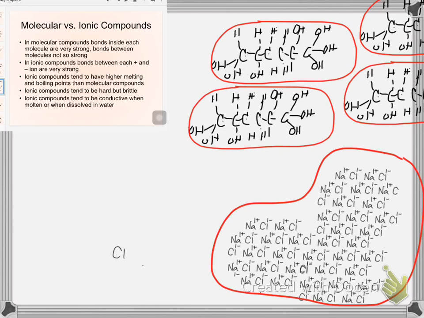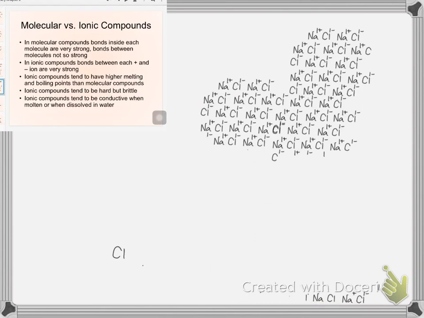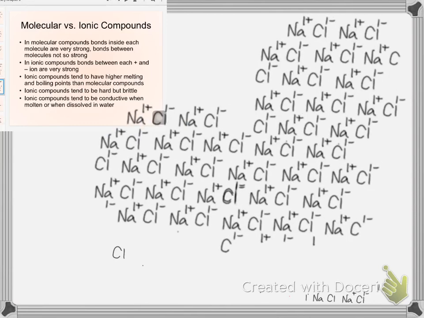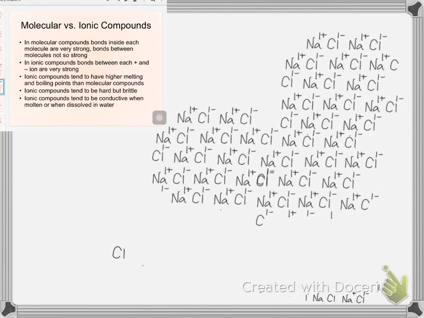The other interesting thing about them is that when you drop a chunk of salt in water, and let me expand my chunk of salt here a little bit, it'll make it easier to see. Water is polar. It has regions of partial charge. It snakes its way in between all these things, and it breaks them up really effectively.